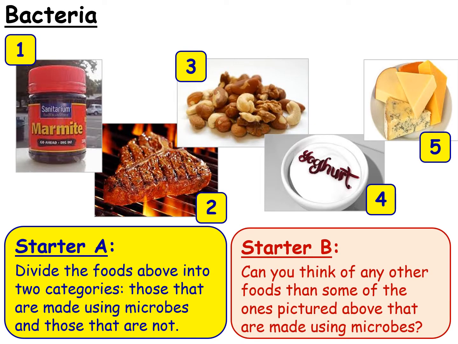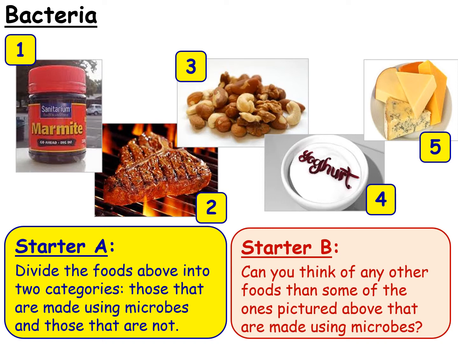Okay, so if you could record the title Bacteria, and I'd like you to have a go at starter A and/or starter B. Looking at the foods that are numbered 1 to 5, we've got 1 Marmite, 2 piece of steak, 3 some nuts, 4 some yoghurt and 5 cheese.